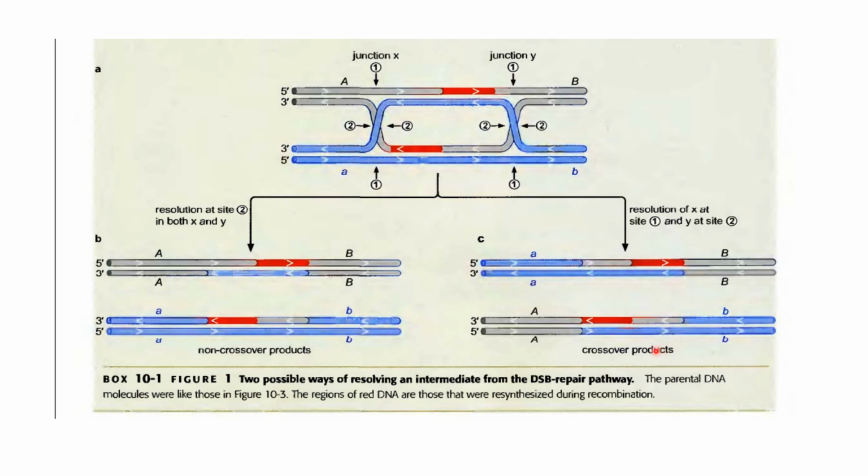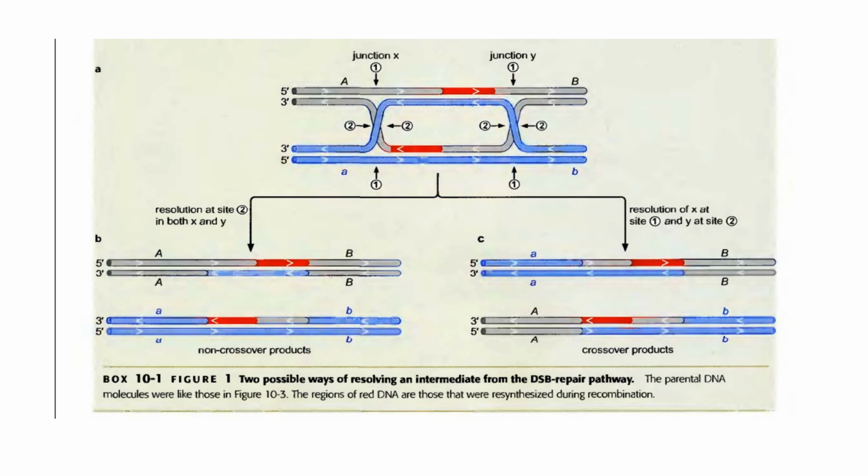So this results in the formation of the crossover product, and this crossover product is totally different from either of the parental DNA. So this is known as the recombinant DNA, which is different from the parental DNA.